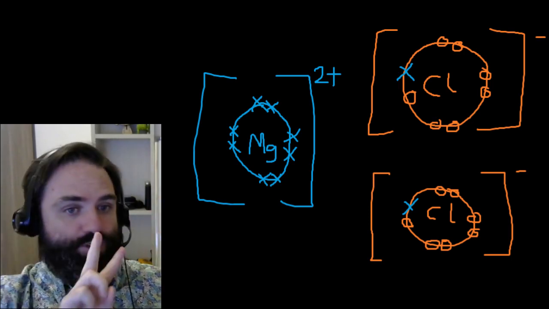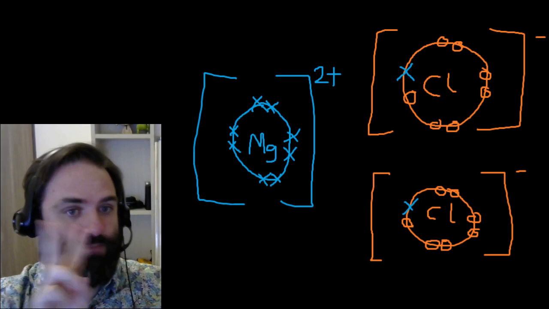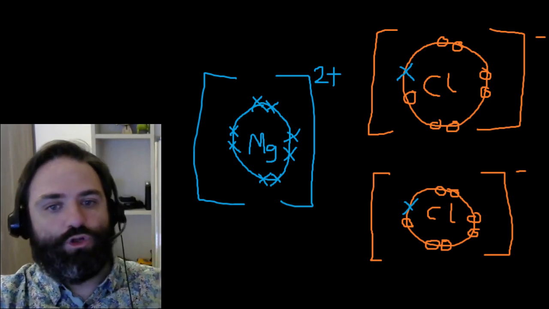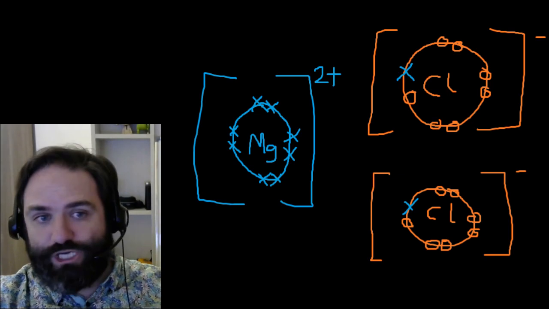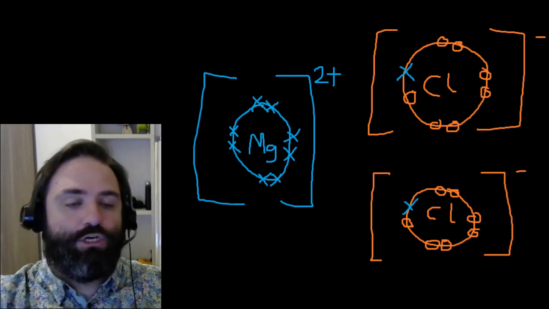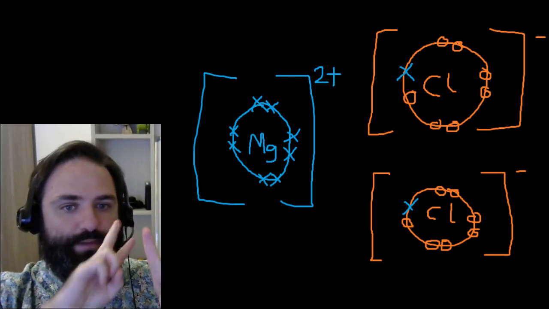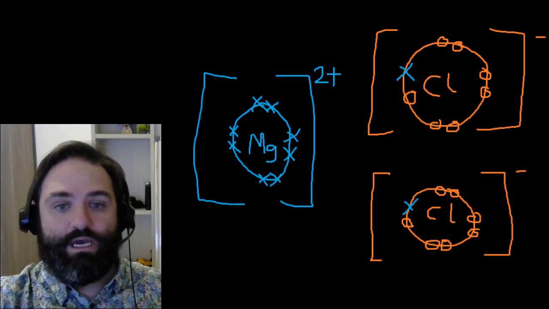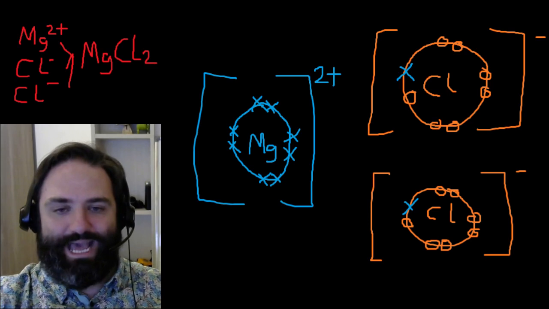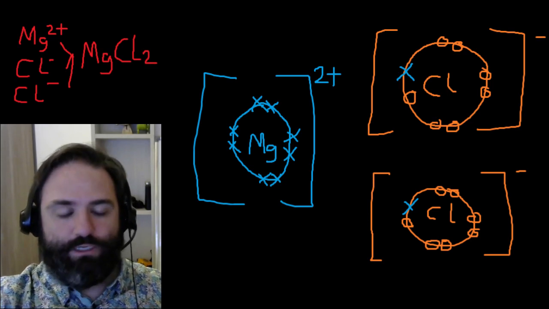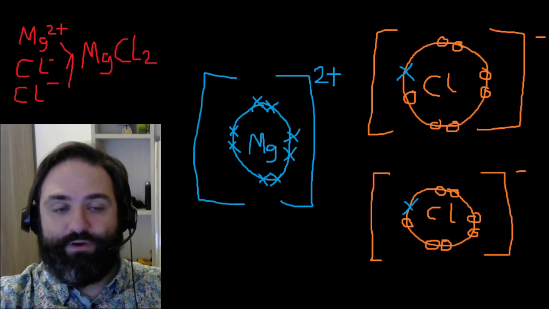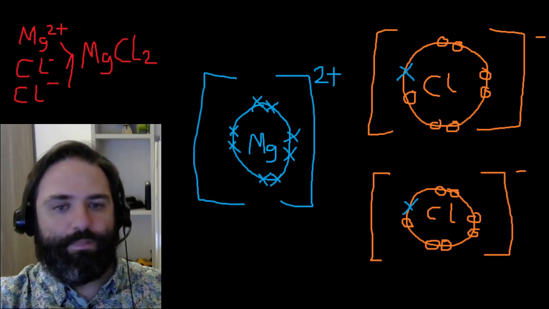So I get 2 positives from one magnesium ion, but I only get 1 negative from 1 chlorine ion. So the ratio has to be 2 chlorines for every 1 magnesium. That gives us a formula for magnesium chloride of MgCl2. 2 chlorines for every 1 magnesium, 2 negatives for every 2 positives.